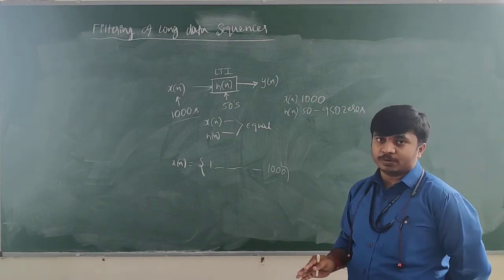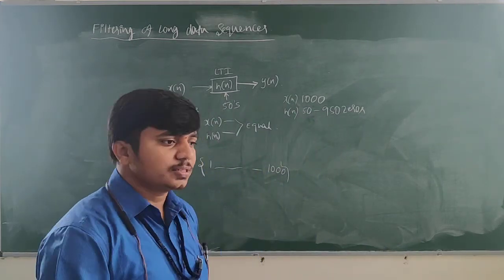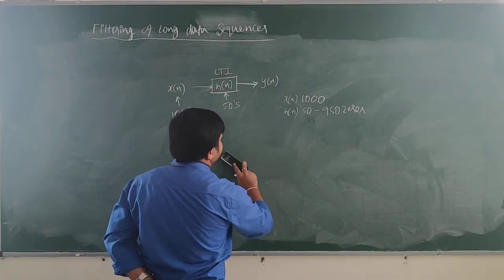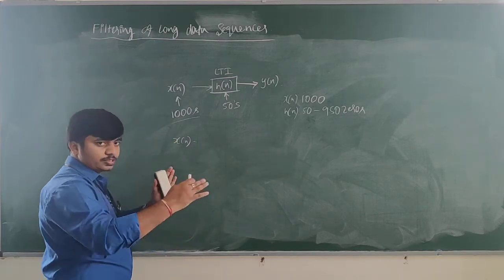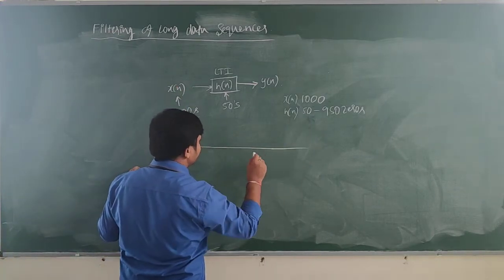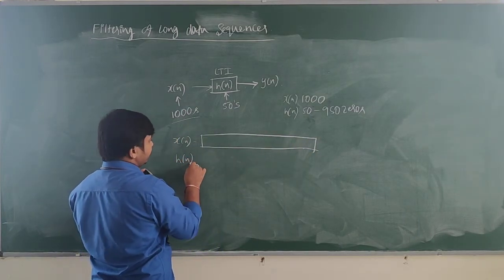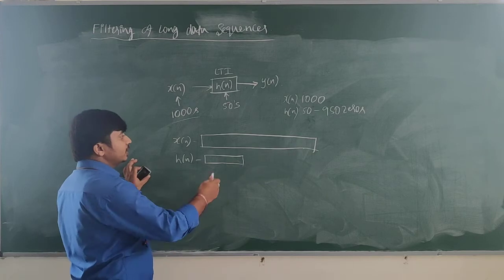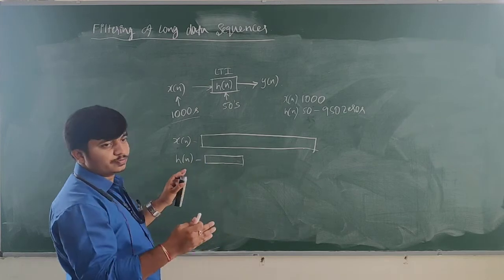To avoid this problem, we go to the filtering of long data sequences. If your input signal x of n is lengthy and your h of n is short, I split the input x of n into different sets of samples.